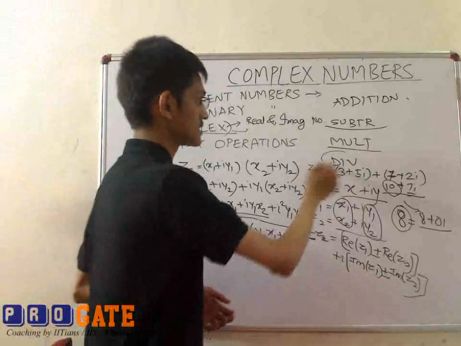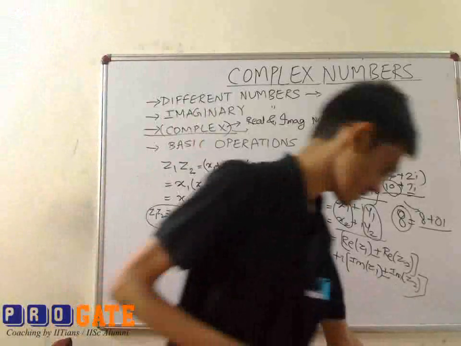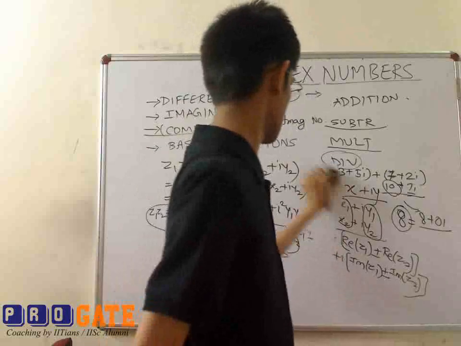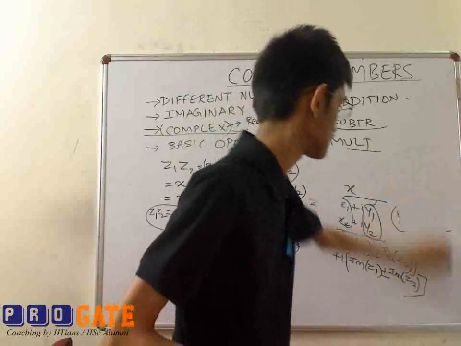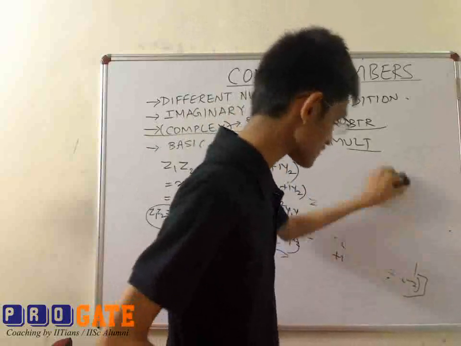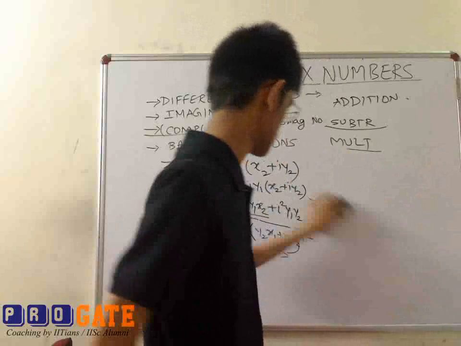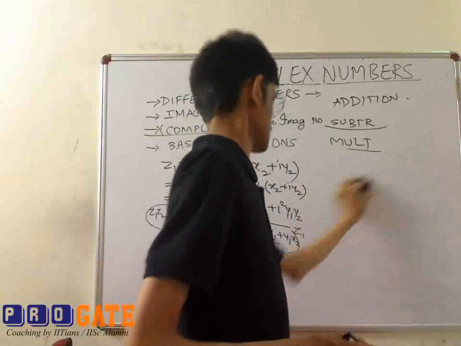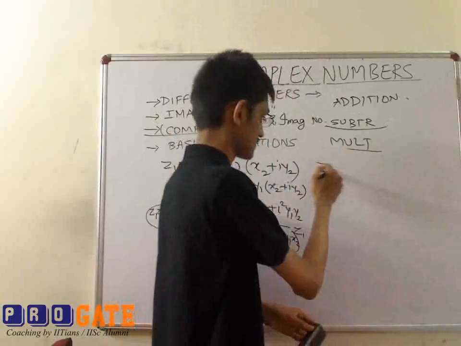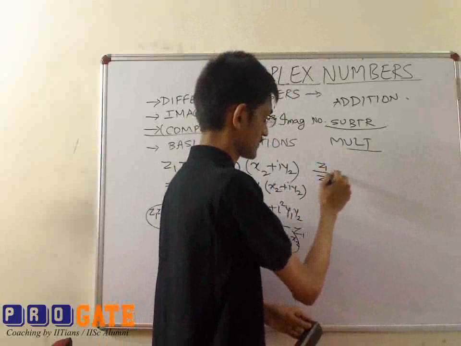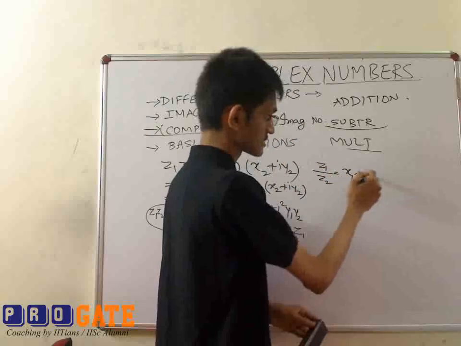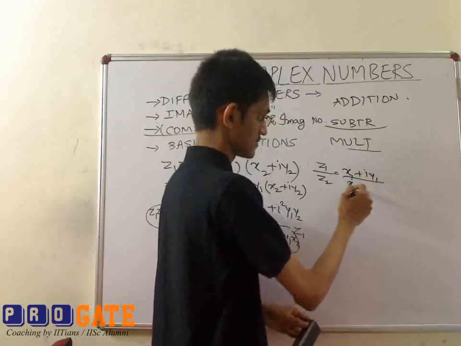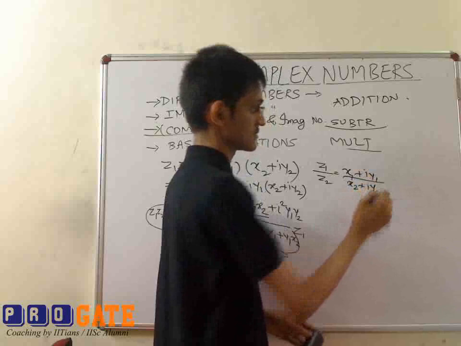Then to go about division. Here you have now x1 plus iy1 over x2 plus iy2.